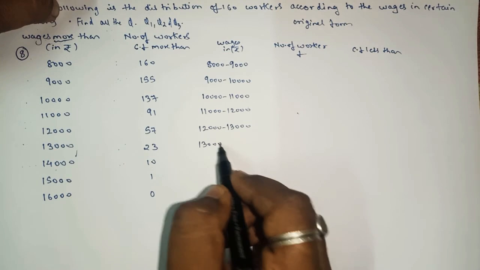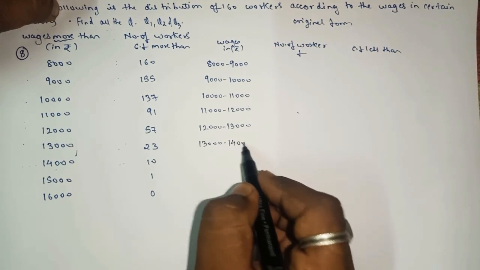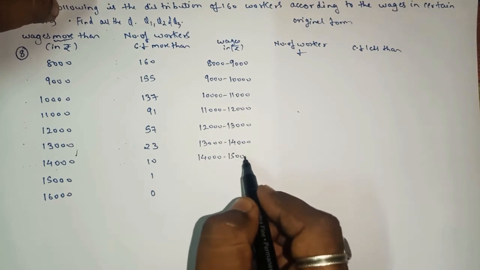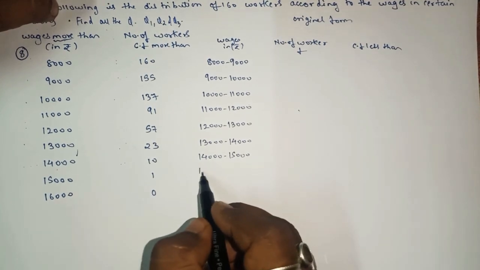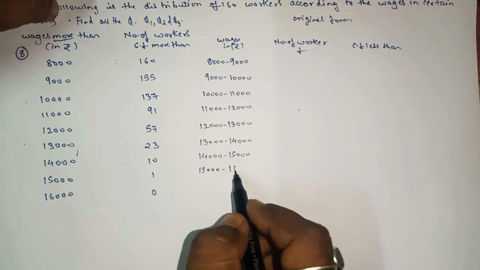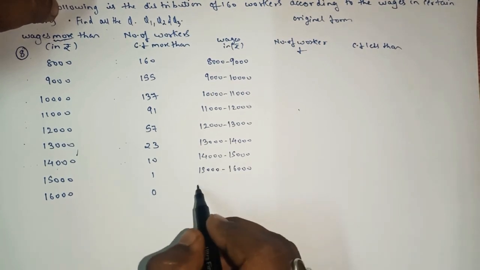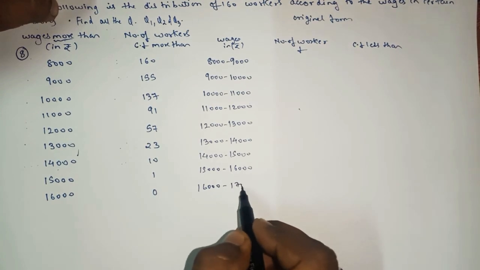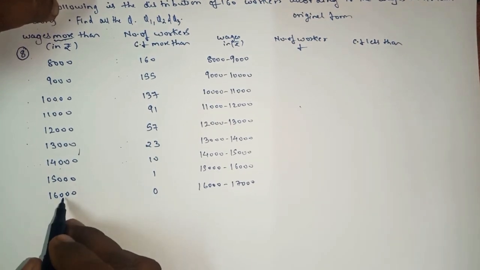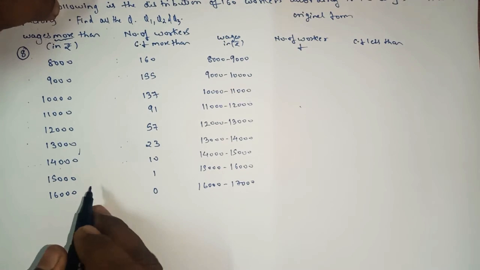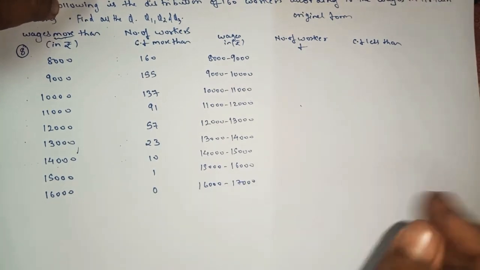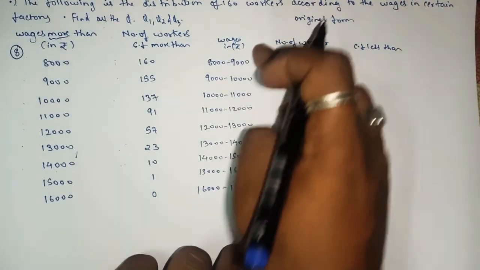Then 13,000 to 14,000. 14,000 to 15,000. Then 15,000 to 16,000, and in the last it will go up to 17,000. Yes or no? 16,000 more. So 16,000 to, it will increase one more 1,000. So 16,000 to 17,000. So here we got the class.